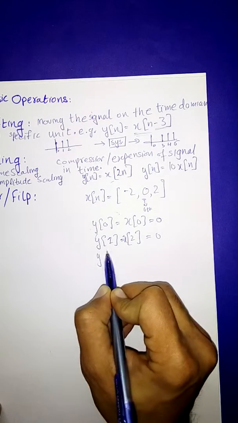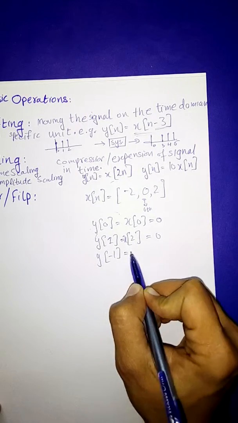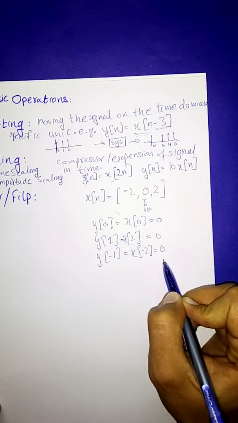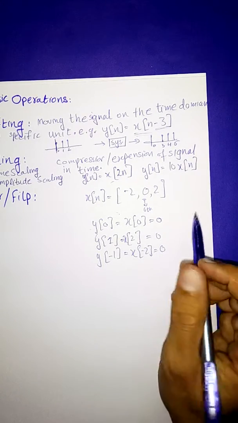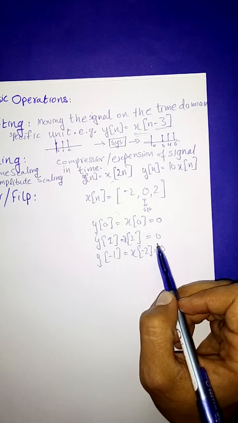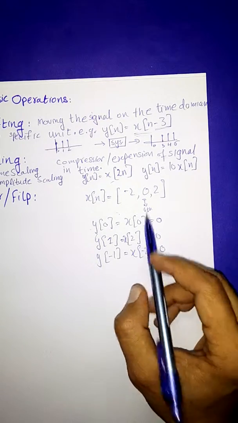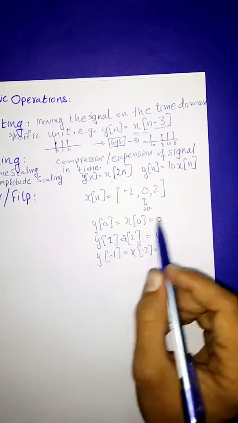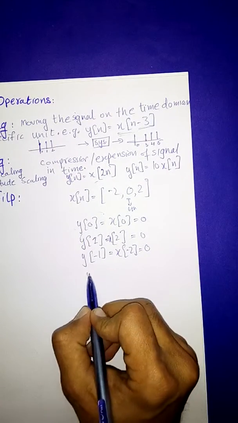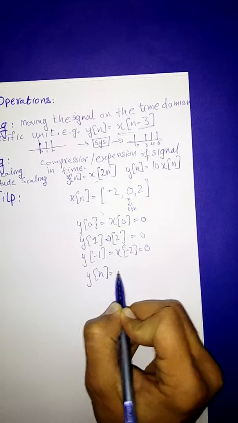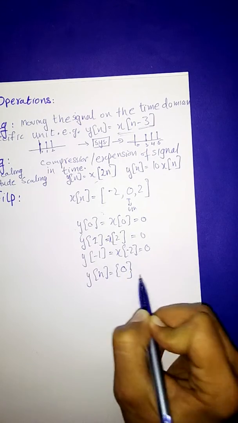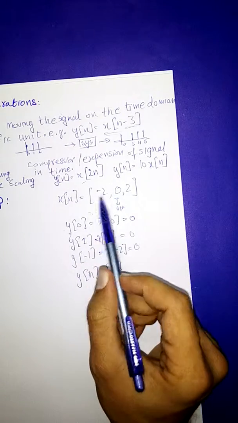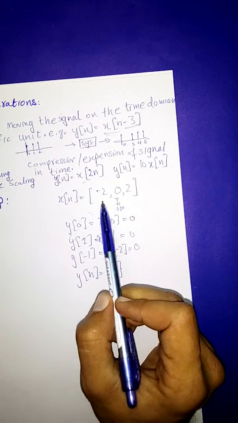And similarly y of -1 will be equal to x of -2, and this would also be 0. So what has this done, it has reduced our signal only to the 0th position. It has compressed the signal. Now in this case the resultant y of n will be equal to 0 on the 0th position. Just this will remain. The others are discarded because the signal has been compressed and these have become obsolete.